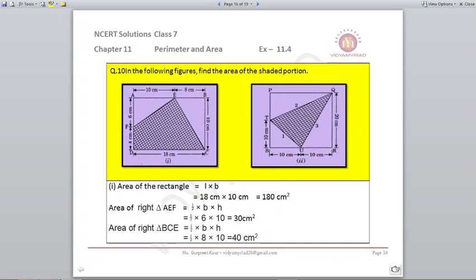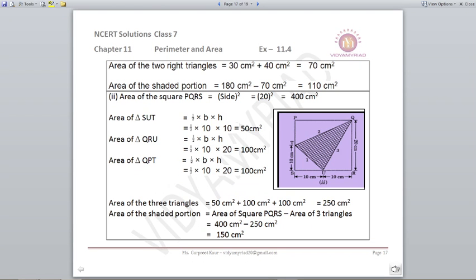So it is half into 6 into 10 we will do. For the other case we will do half into 8 into 10. So just by subtracting you will find the area of the shaded portion. Total area was 180 centimeters square, and the area of the triangles is 70 centimeters square. Just subtract them. So the area of the shaded portion comes out to be 110 centimeters square.